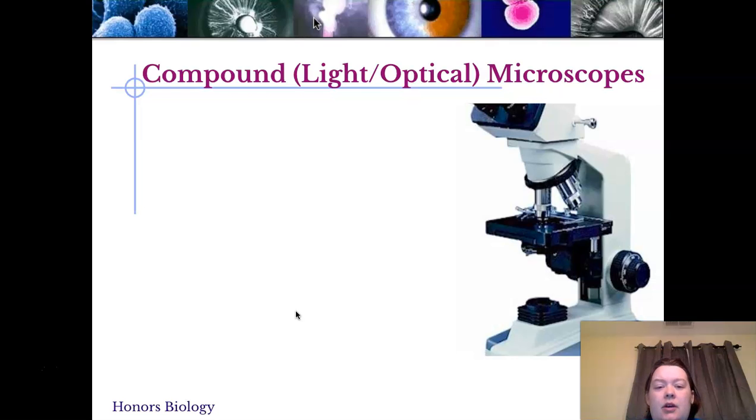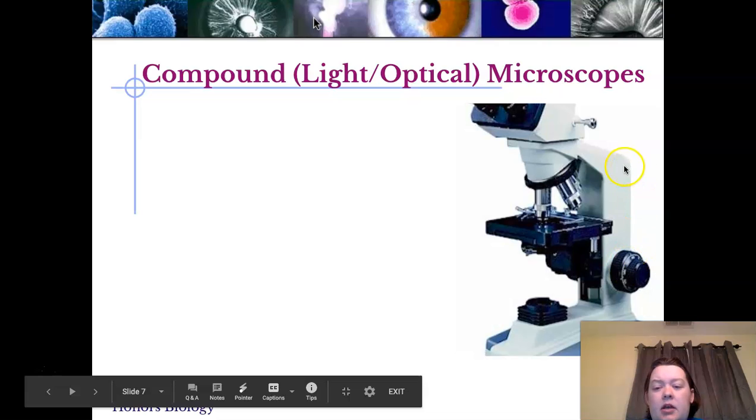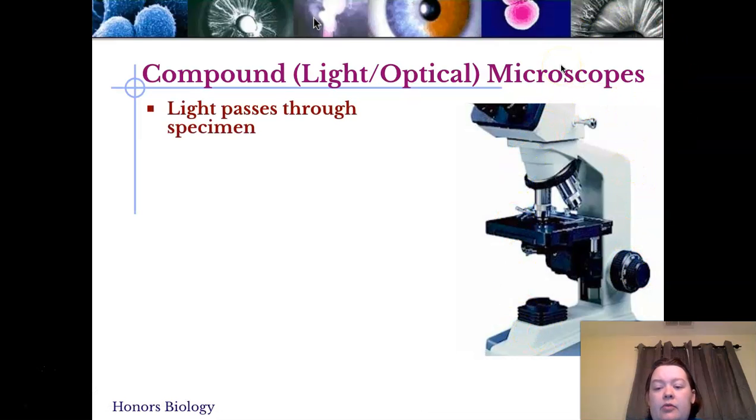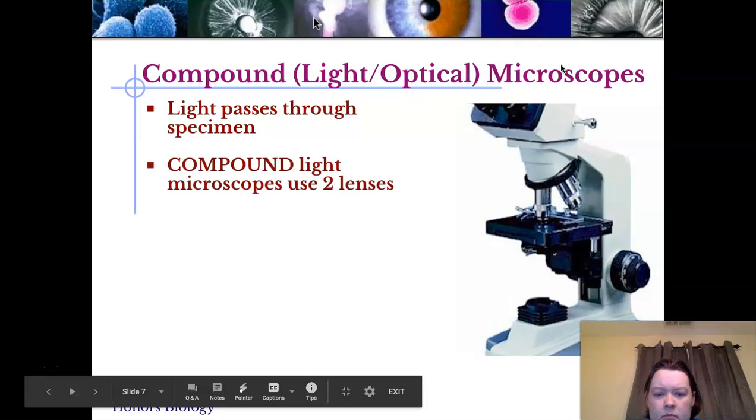And that leads us to the compound, also known as the light microscope. This is the one typically that you'll see in the biology classroom. And the compound or light microscope uses light to pass through a specimen. So the specimen we look at is very thin. With the dissection scope, we don't necessarily have to have a thin specimen, but with a light microscope, we need it to be thin enough for the light to pass through.